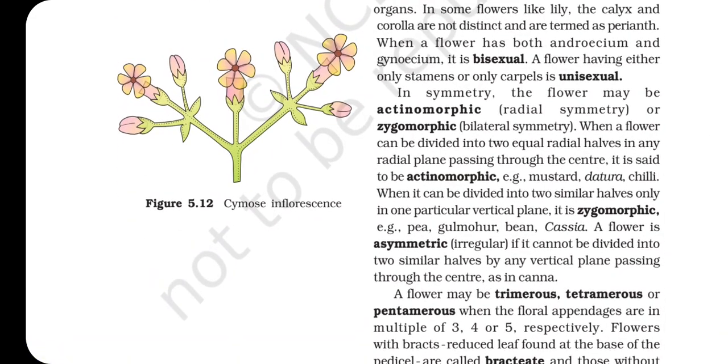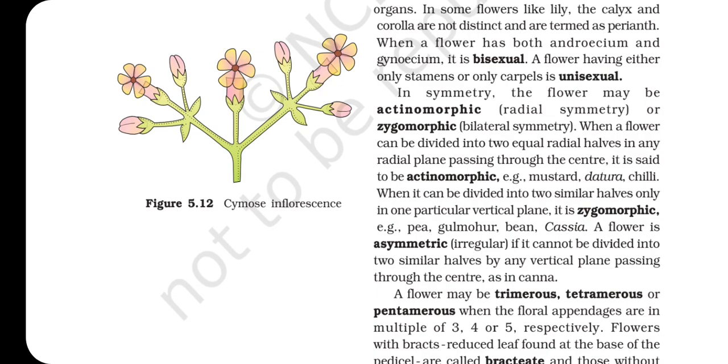In symmetry, the flower may be actinomorphic, radially symmetrical, or zygomorphic, bilaterally symmetrical. When a flower can be divided into two equal radial halves in any radial plane passing through the center, it is said to be actinomorphic, as in mustard, datura, chilli.